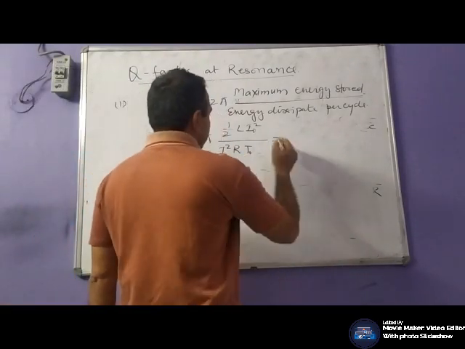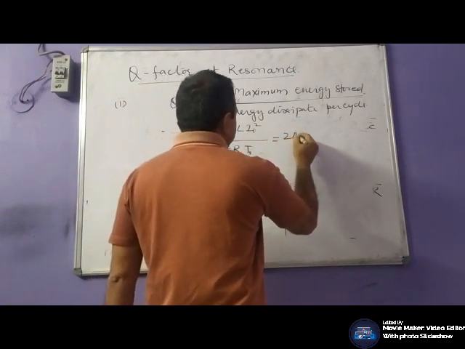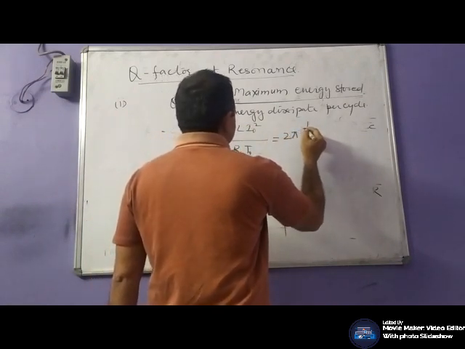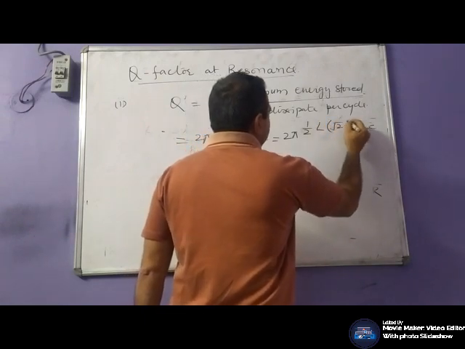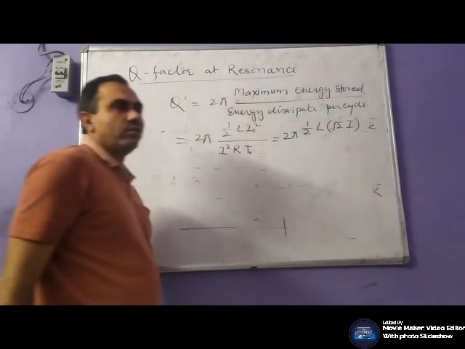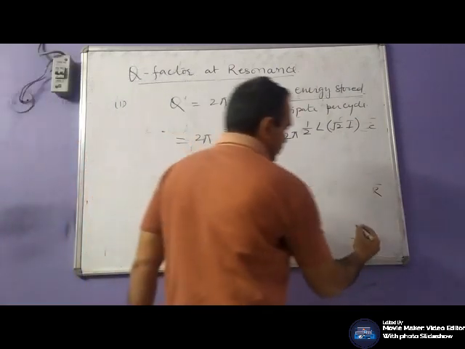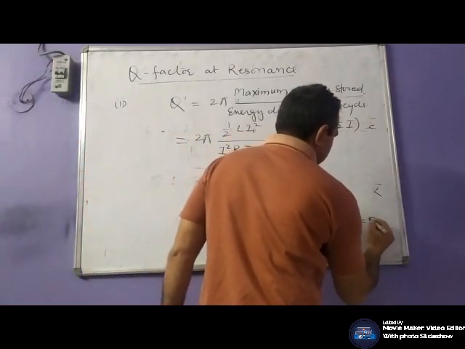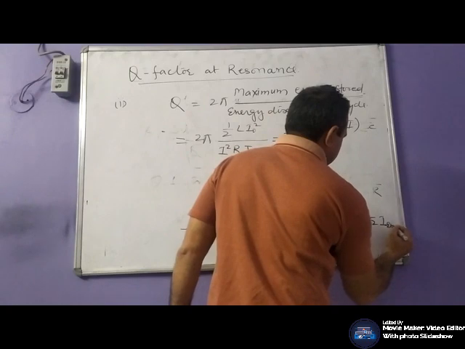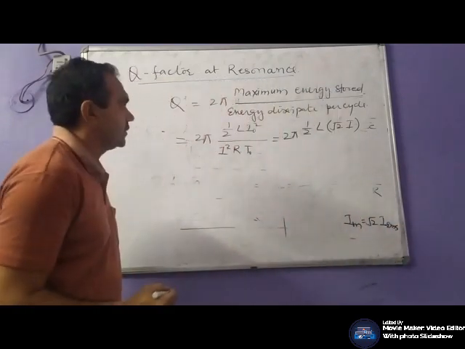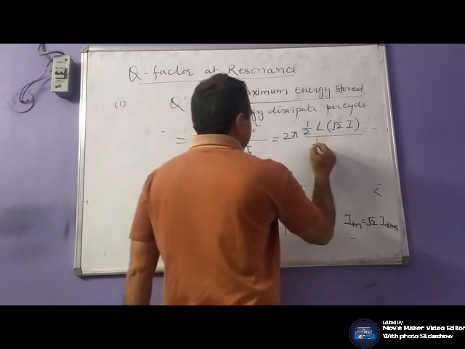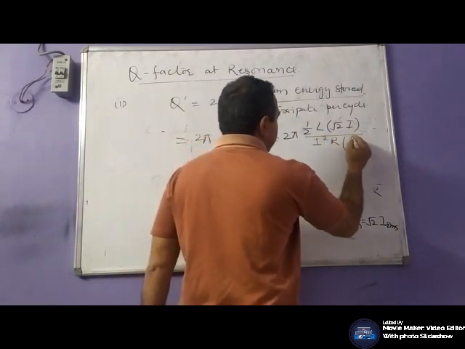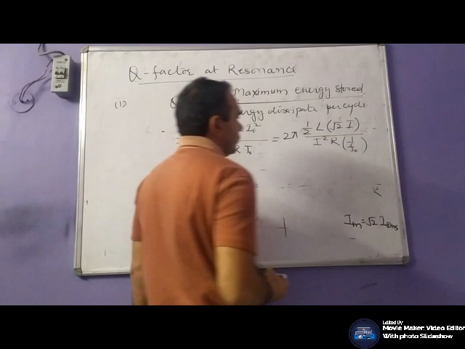Or this can be written as 1 by 2 L, because the maximum value of the current is root 2 times the RMS value, divided by I square R times time period, 1 by F naught.